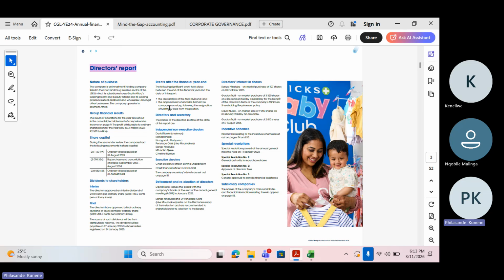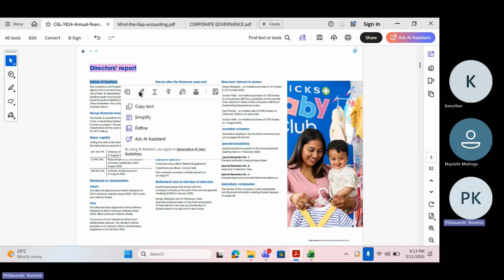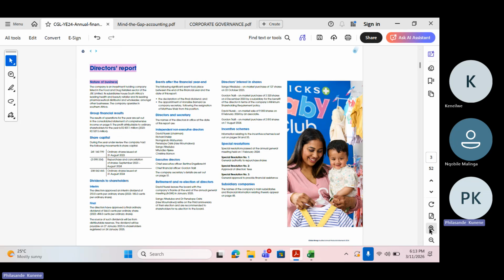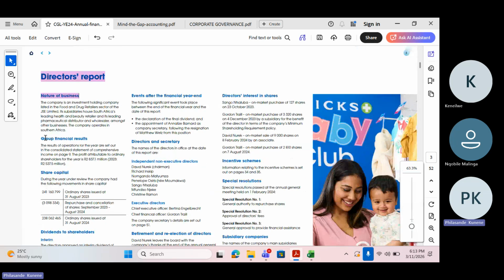So they do need to give us this report highlighting the nature of the business, as you can see here. There is the nature of the business highlighted by a director's report, group financial results. You see, they're giving us some results, how much profits the company made, the equity that we have.